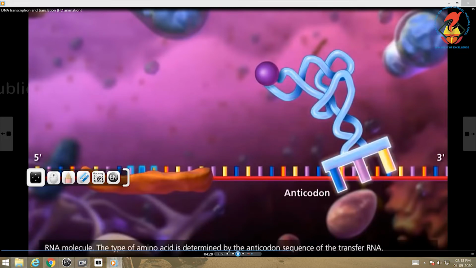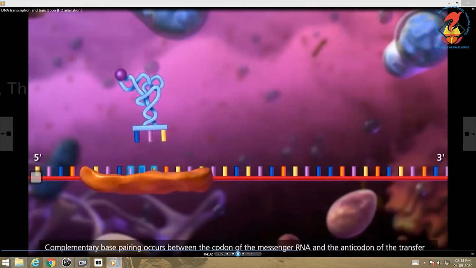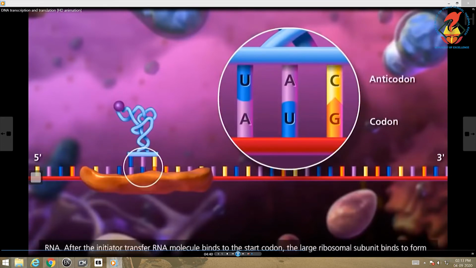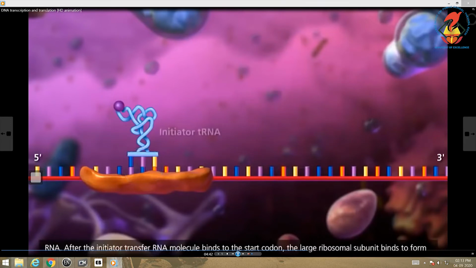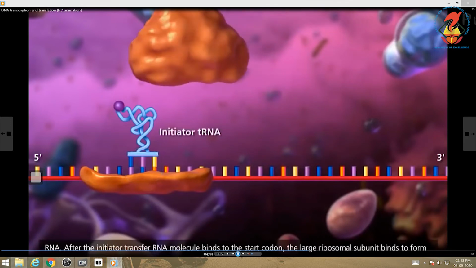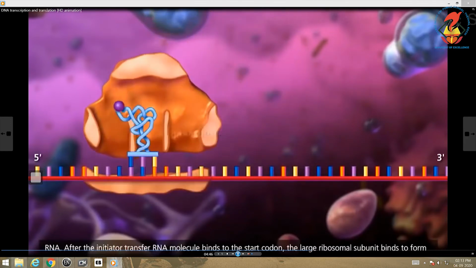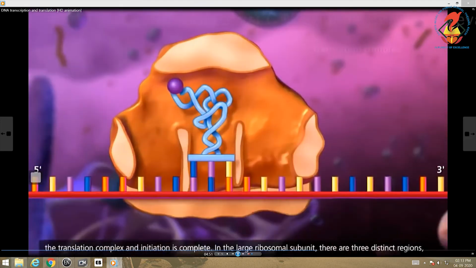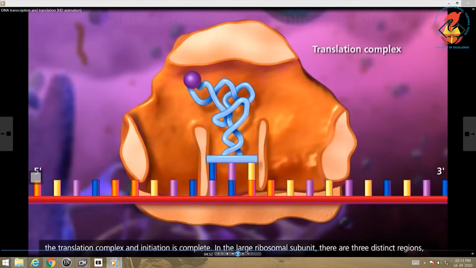So it has the anticodon UAC because the codon here is AUG. Now what happened? This UAC, this complementary base pairing between the codon and anticodon. This is the initiator tRNA. Now you see the large ribosomal unit binds. This forms the initiation complex or the translation complex.